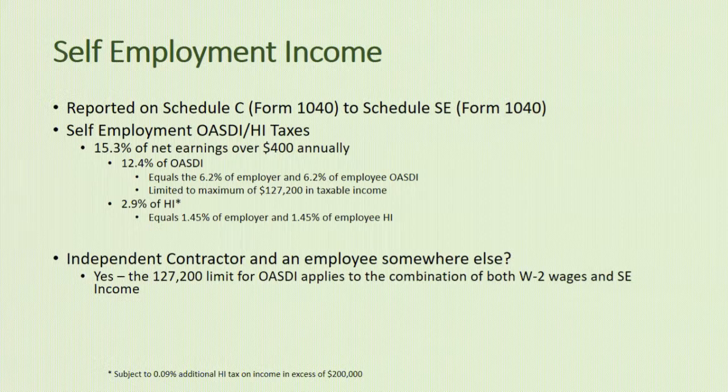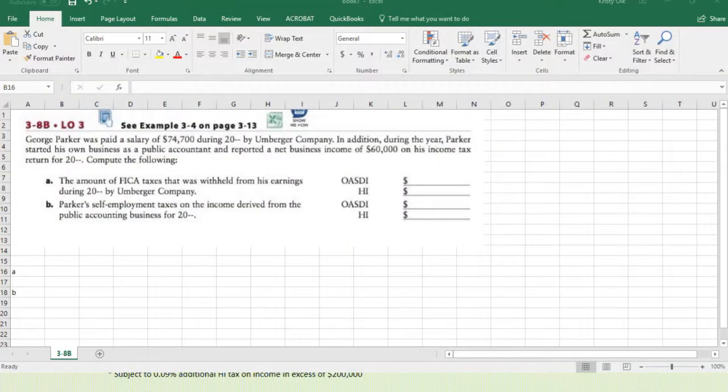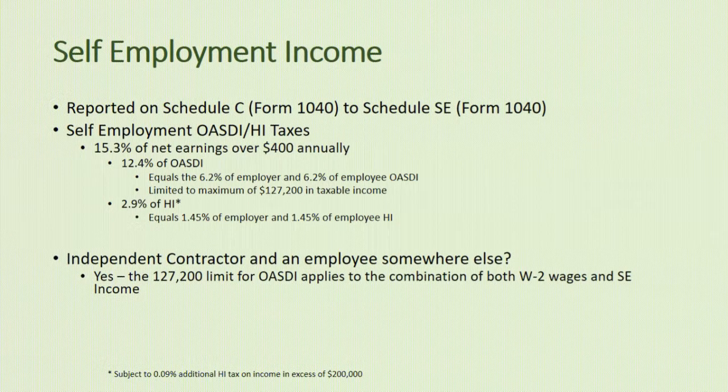I will launch up a spreadsheet here real quick and we will look at how all this will work out. Now, it's important when you approach a problem to remind yourself of some of the salient facts. So, for example, in this case, Mr. George Parker has both employment and self-employment income.